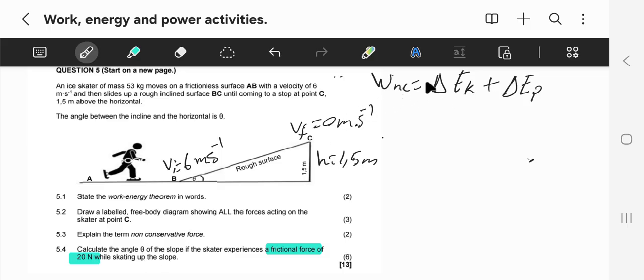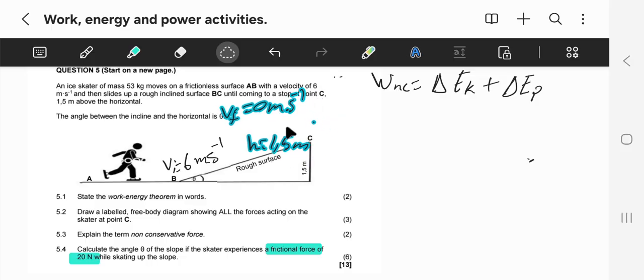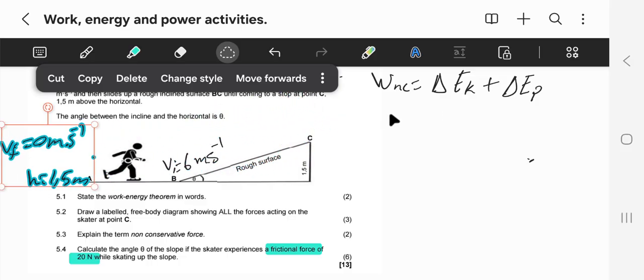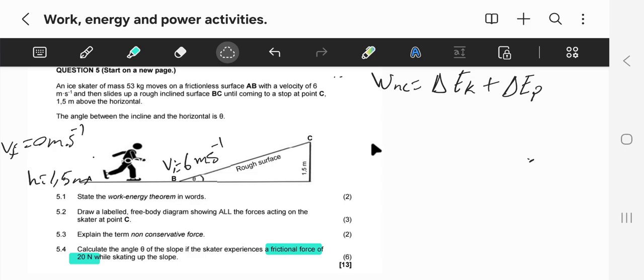But why are we using this formula? It's because if we expand this formula, we'll find the work done by the force of friction. That is the work done by the non-conservative force, which is friction.